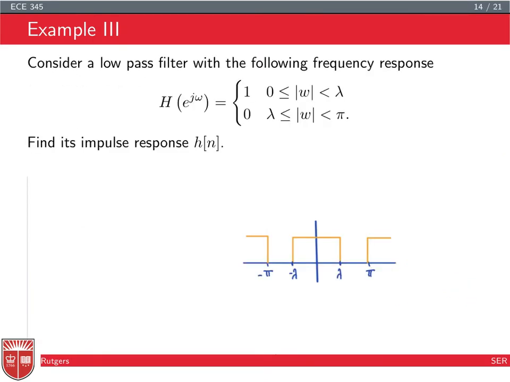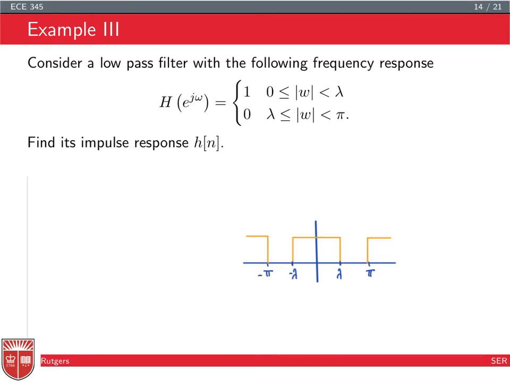Now let's consider a third example, which is a low-pass filter. If you look at the graph of the low-pass filter, you can see it has cutoff frequency lambda, because it's 0 for frequencies omega greater than lambda.